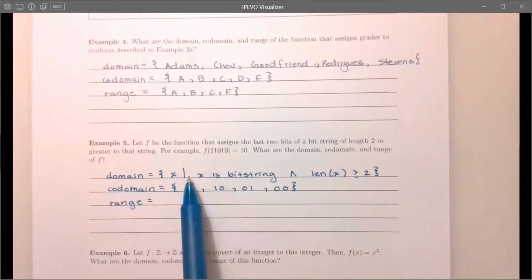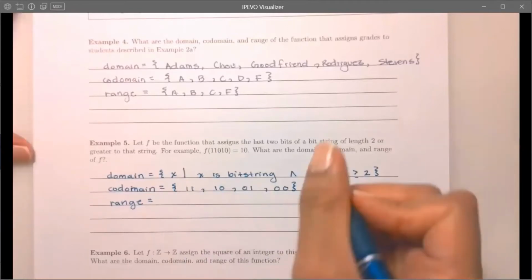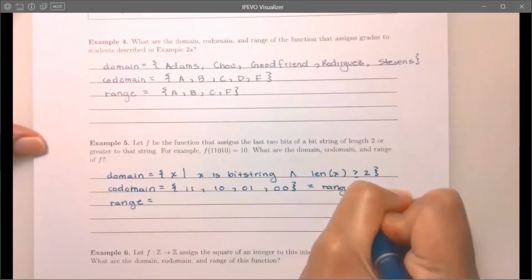So because we're considering all bit strings of length 2 or greater, we know that we're going to come across bit strings that end in 11, 10, 01, or 00. Right? So that means that the range and the codomain are actually the same for this problem.